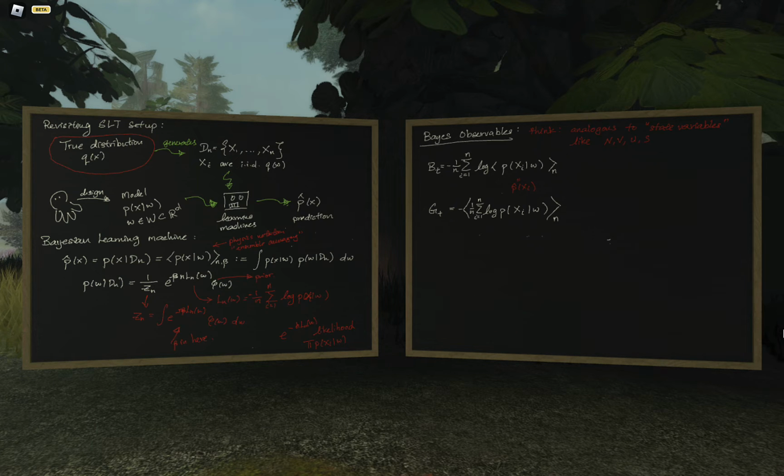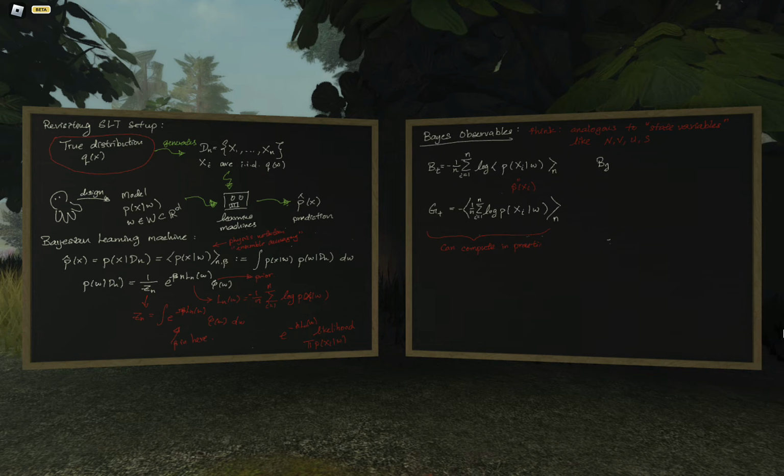Yeah. The idea is meant to be that BT and GT are somehow things you might actually compute. And to do that, you would have to somehow draw samples from the Bayesian posterior. And to do that, you would use Markov chain Monte Carlo or some variant of that. That may be difficult, but in principle, you can do it.